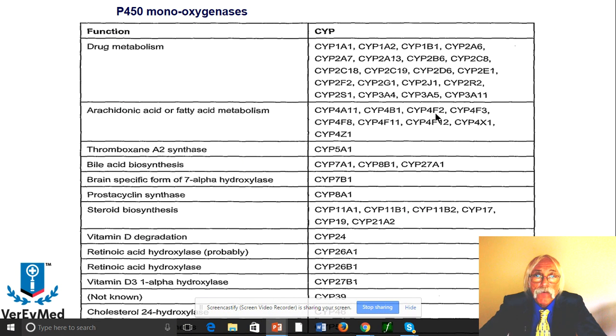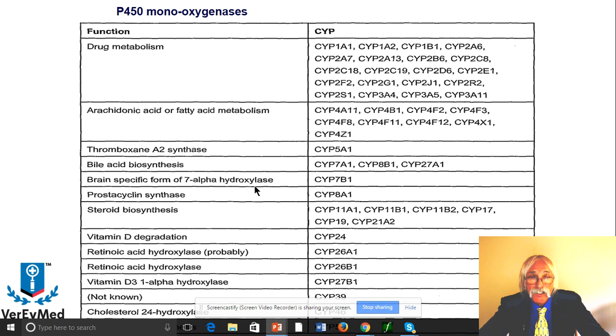Now, here's the P450 monooxygenases. Boy, look at all of these enzymes. They're called CYP for short, but look at all of these enzymes involved in drug metabolism, arachidonic acid. There's thromboxane, which of course are oxygenated from the COX pathway fatty acids. There's one particular CYP there. Bile acid, okay, necessary to have cytochrome P450s.